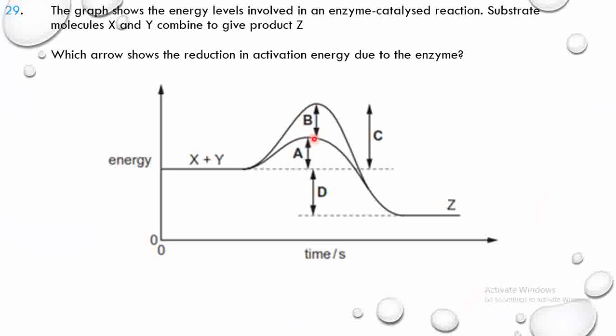Initially it was from here to here, but this lowers it. So the difference, the reduction, is B. The difference between C and A is B. C minus A is B.